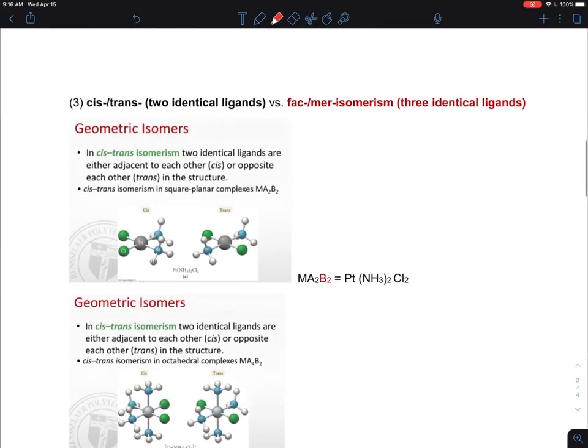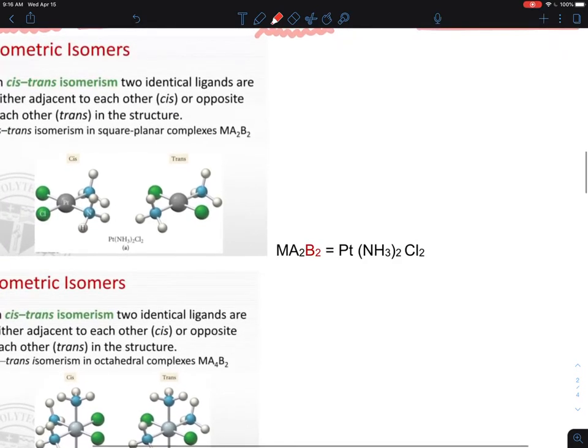So just think about if you have 2 ligands, this is a geometric isomer, and cis and trans is the term we use. If you have 3 identical ligands, then FAC and MER isomerism is what they choose. So here I have given you an example of a metal with 2 ligands, and the B is the one that I highlighted here. That's the one that's easier to keep track of.